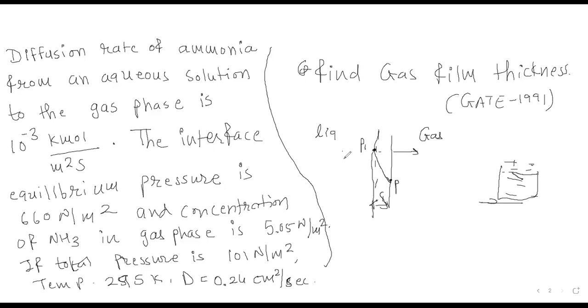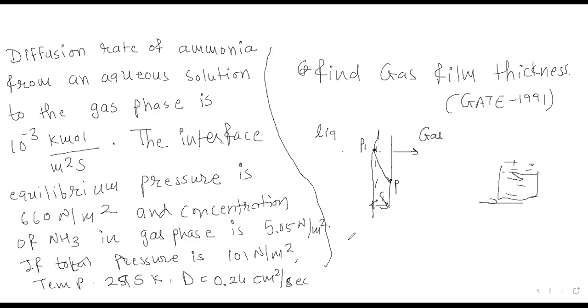Whenever one phase is flowing, at that time there is a boundary layer between the gas and liquid, where the pressure changes. So this is the gas film. Gas film means the film near the gas phase. Can you do it on your own?